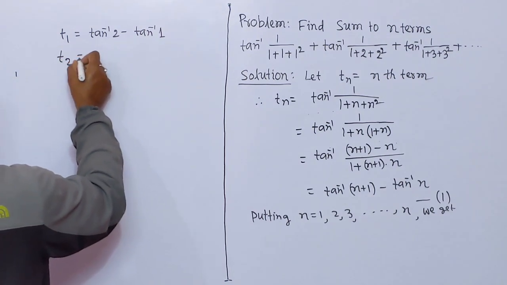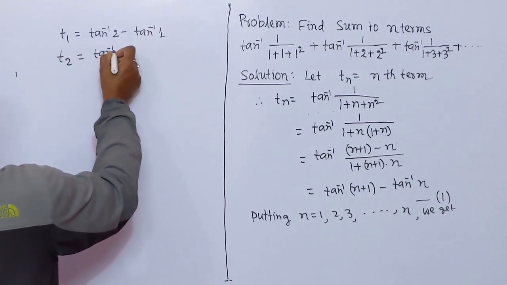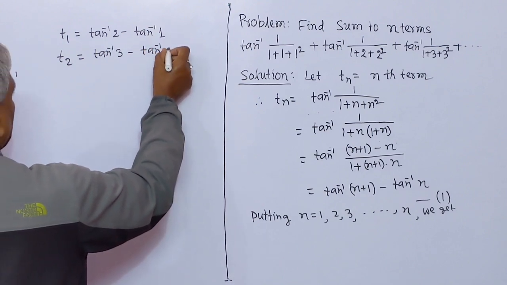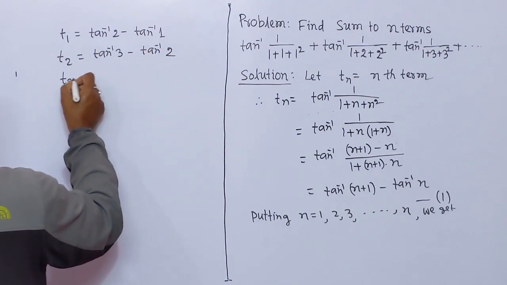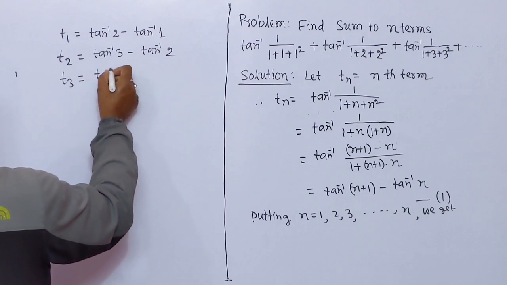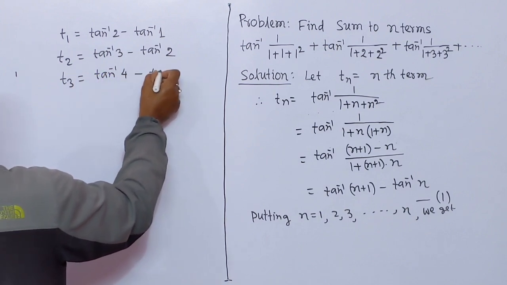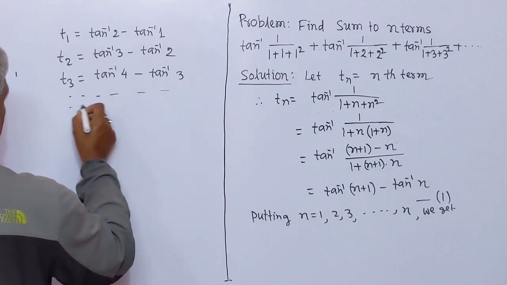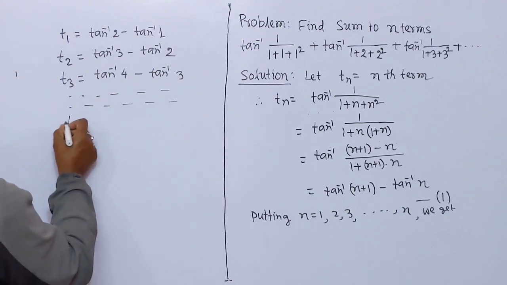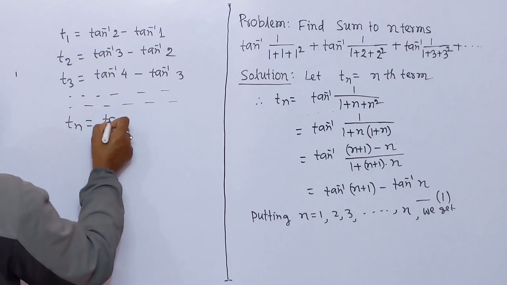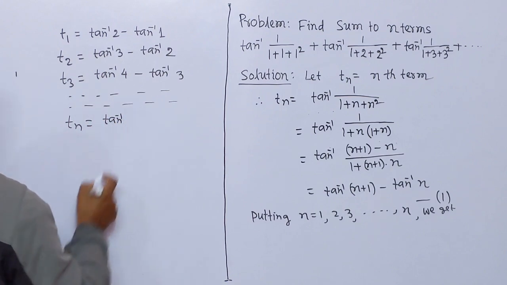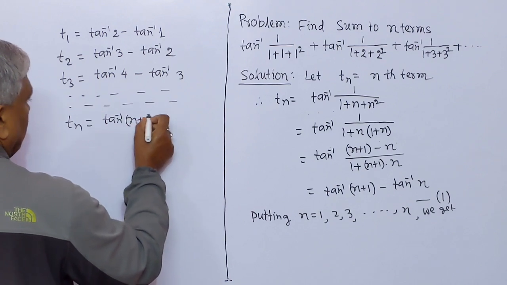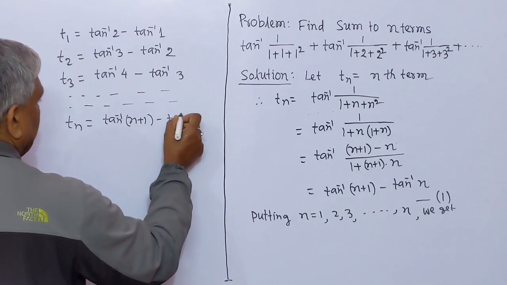T2 equal to tan inverse 3 minus tan inverse 2. T3 equal to tan inverse 4 minus tan inverse 3, dot dot dot. Tn equal to tan inverse n plus 1 minus tan inverse n.